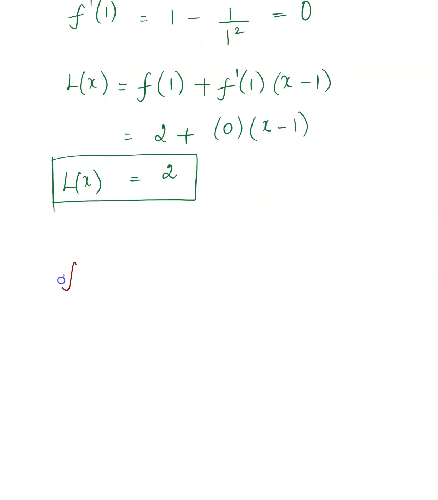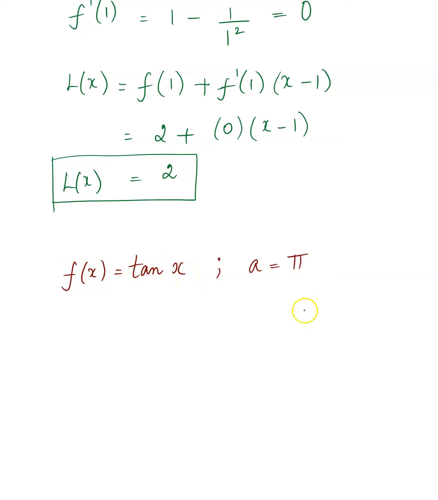Do another one. Maybe we'll try a trig function. So this is our function given to us, tan x. And the interest is at pi. What happens when it's at pi? And so to find the linearization for this, this is definitely a curve, right? We know that. It's a trigonometric function.